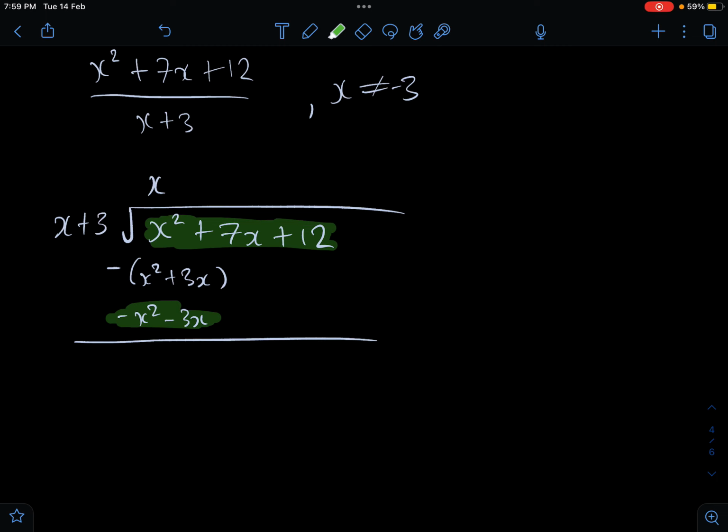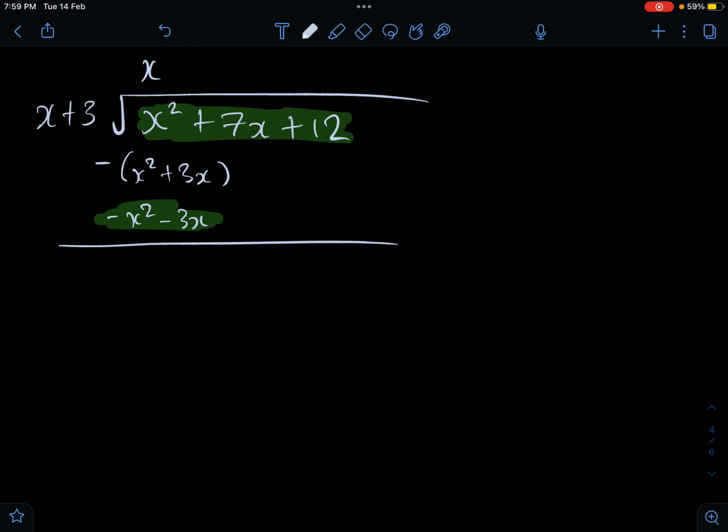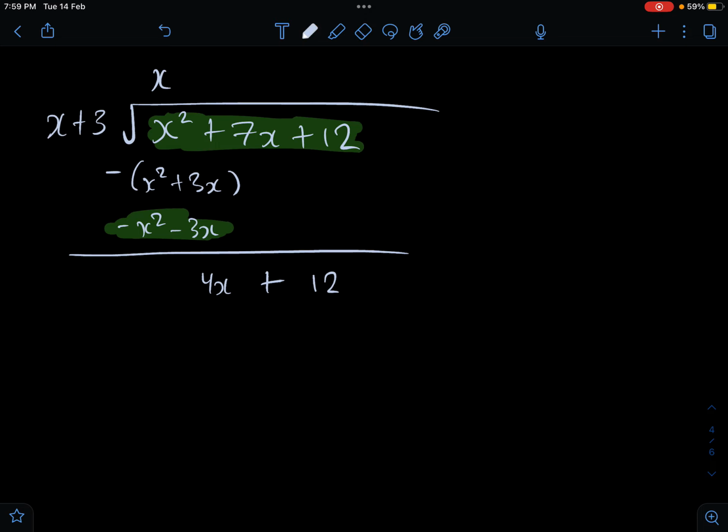Alright, so keeping everything in their columns, the x squared turns into a 0 plus 4x plus 12. I'm just going to erase that 0. It's an unnecessary placeholder. It was just to show what process we're going through.